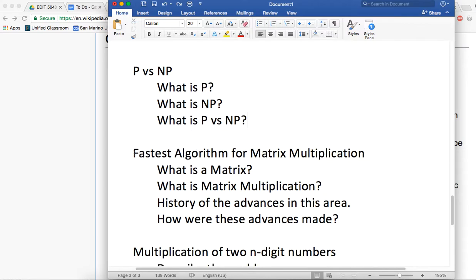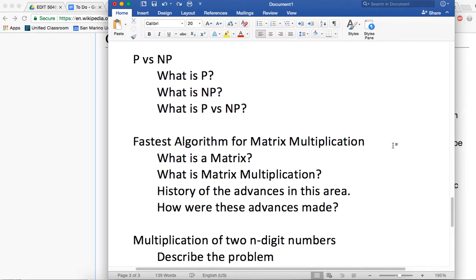And the second open problem is fastest algorithm for matrix multiplication. And Dr. Umans, when he came in during the meeting at the College and Career Center, he spoke about this. He spoke about how matrix multiplication has a speed of n squared, and the quest is how can we bring that down?